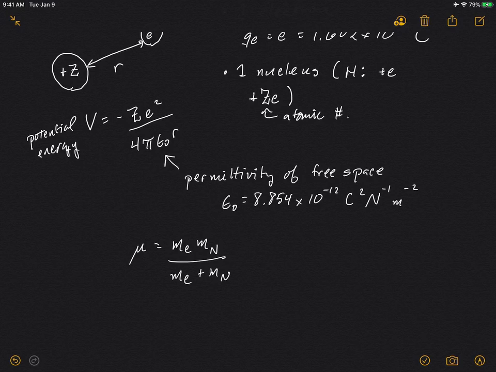And the mass of an electron is 9.11 times 10 to the minus 31 kilograms.